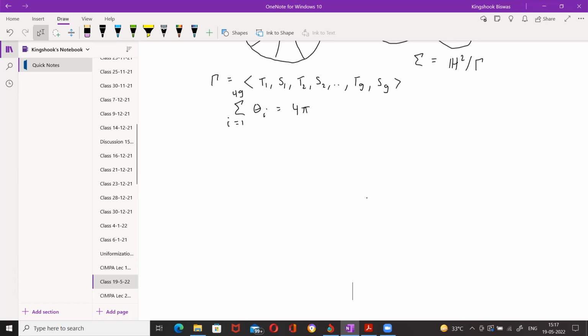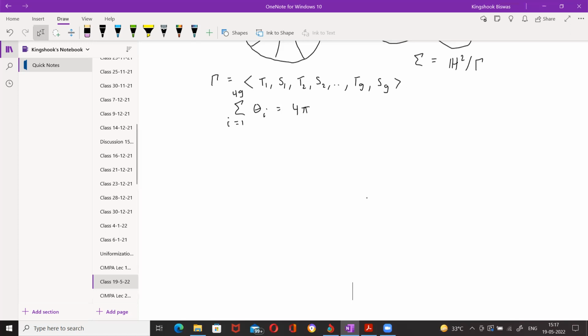The Teichmuller space is the orbifold universal cover, not the universal cover in the traditional sense. That's for a more Teichmuller theory course. The Teichmuller space is diffeomorphic to R to the 6G minus 6.